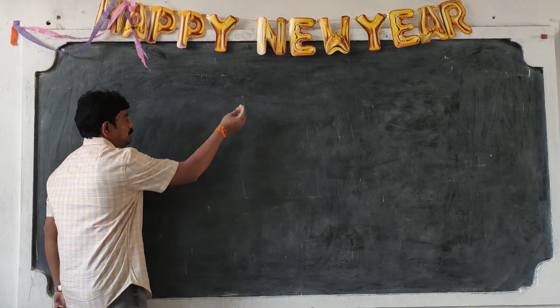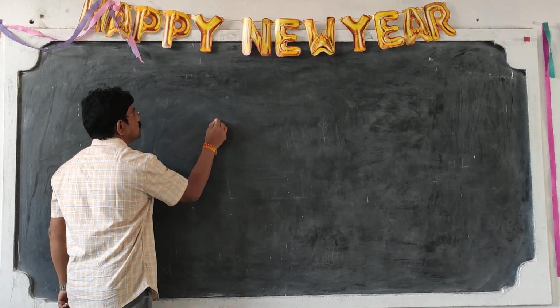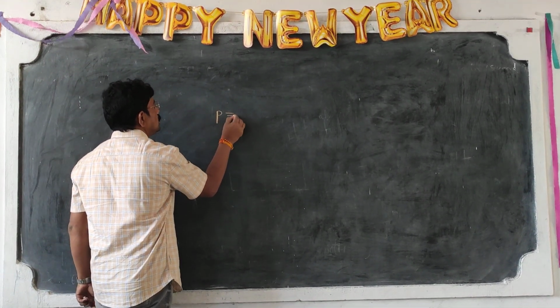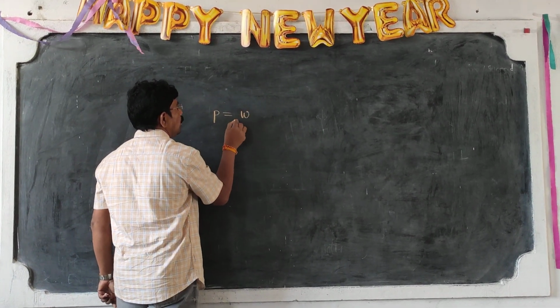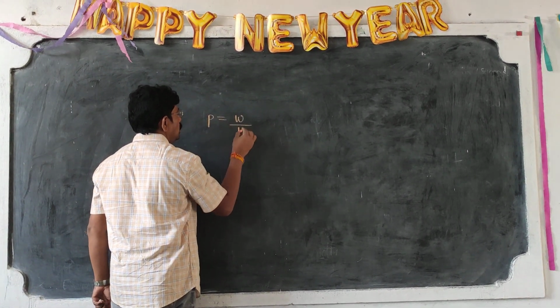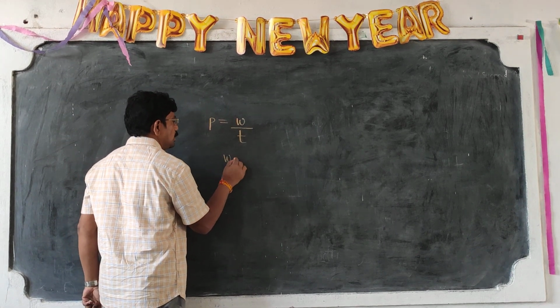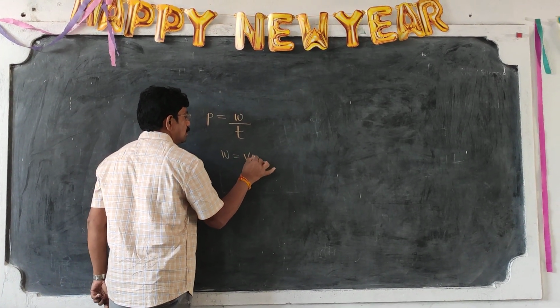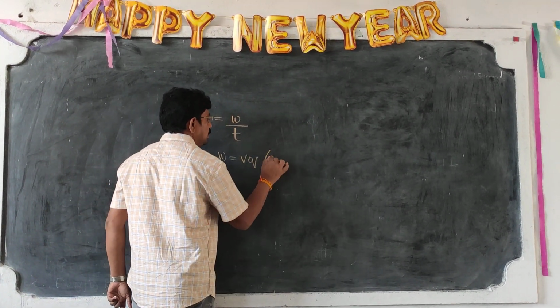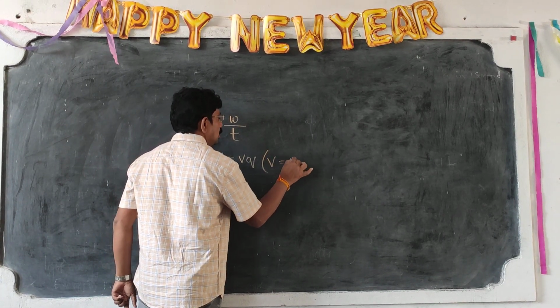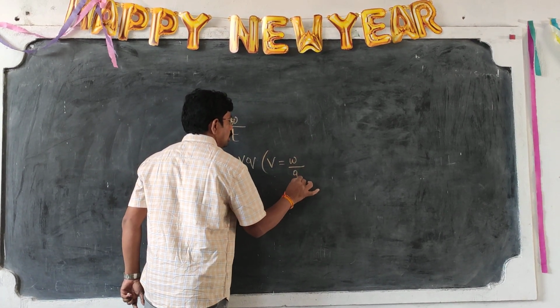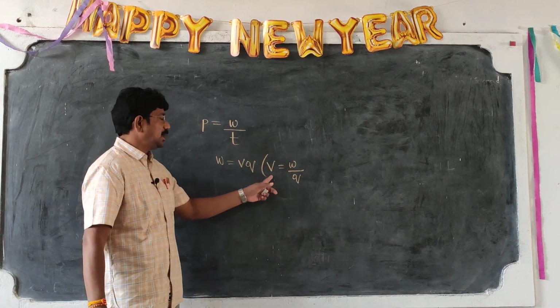Let us derive the equation for power. P is equal to W by T. Here W is equal to VQ. Why? What is the reason? V is equal to W by Q. How do we define potential difference?